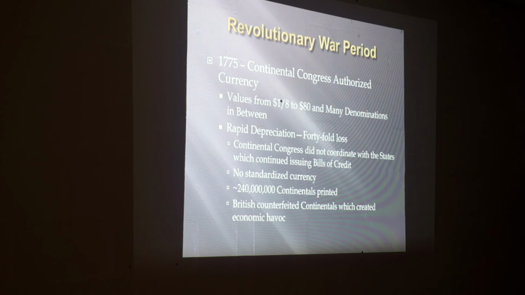And then later they brought out up to $80 bills with some very strange denominations in between. There was a $3, 4, 5, 6, 7 dollar bill. There was a $55 bill, a $70 bill, and so on.